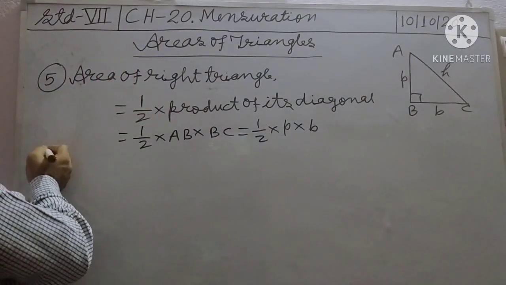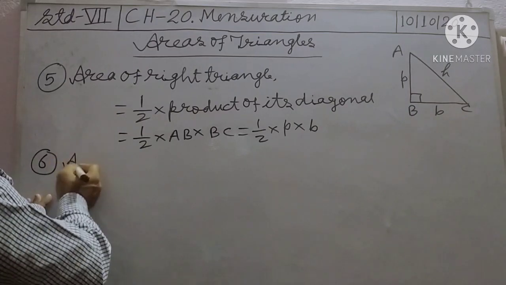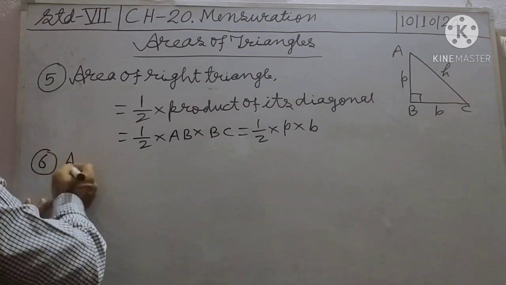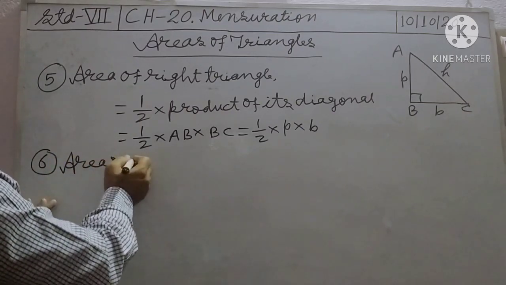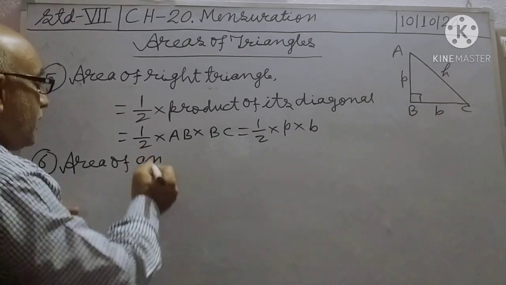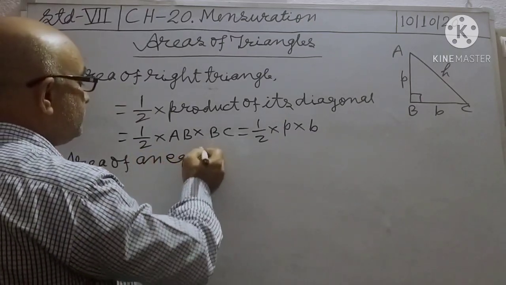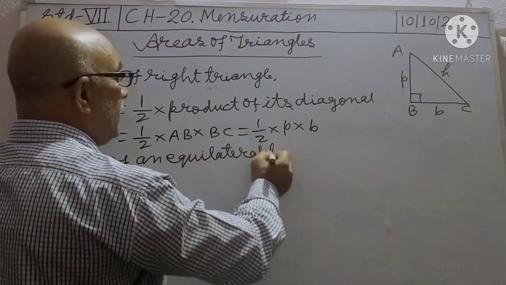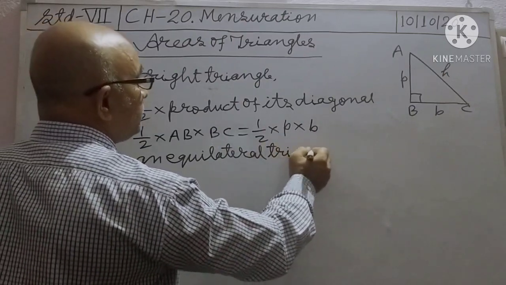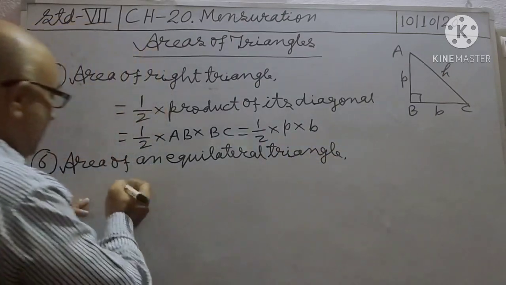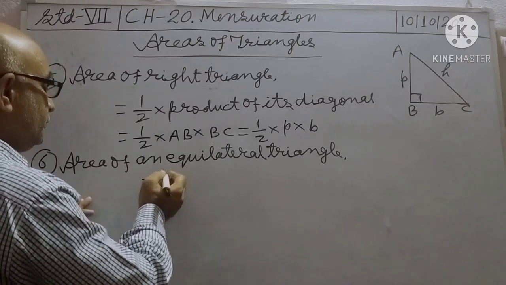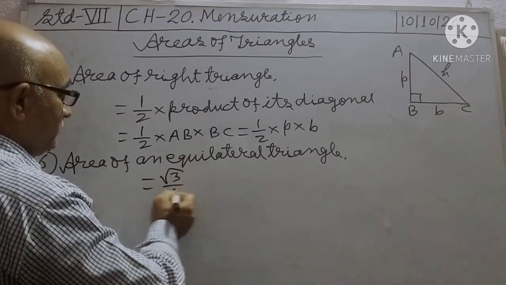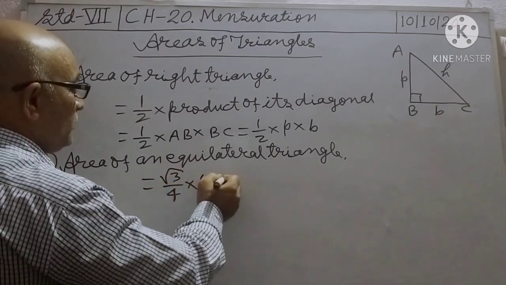Formula number 6. Area of an equilateral triangle. Area of an equilateral triangle equal to root 3 by 4 into side square.